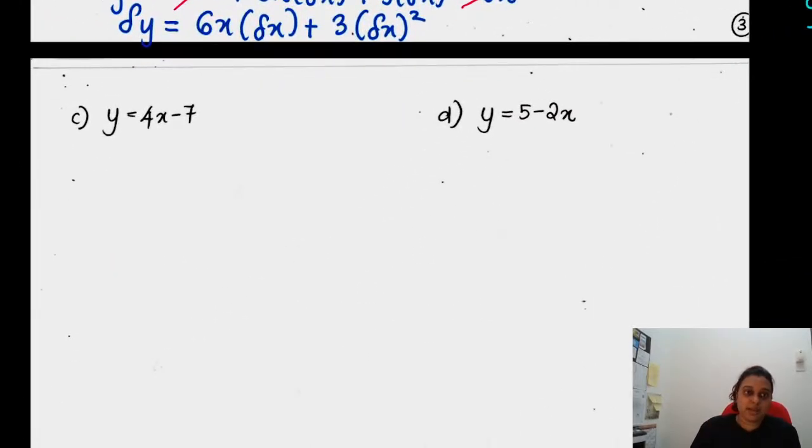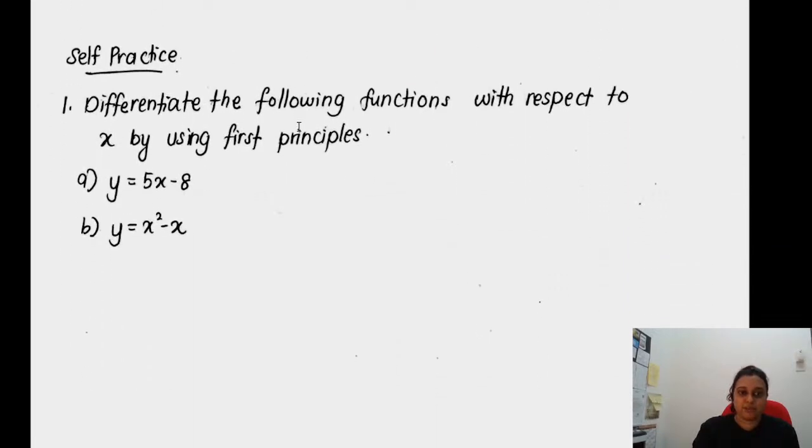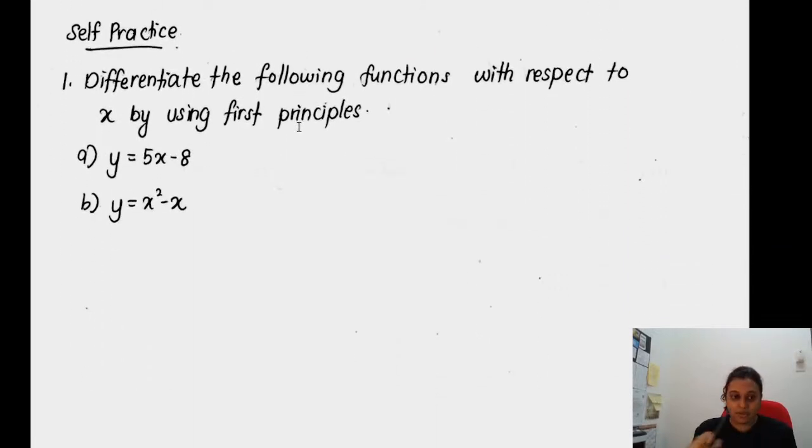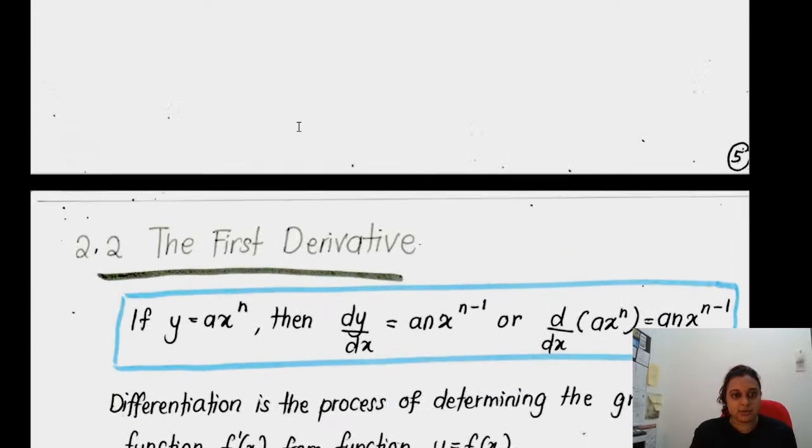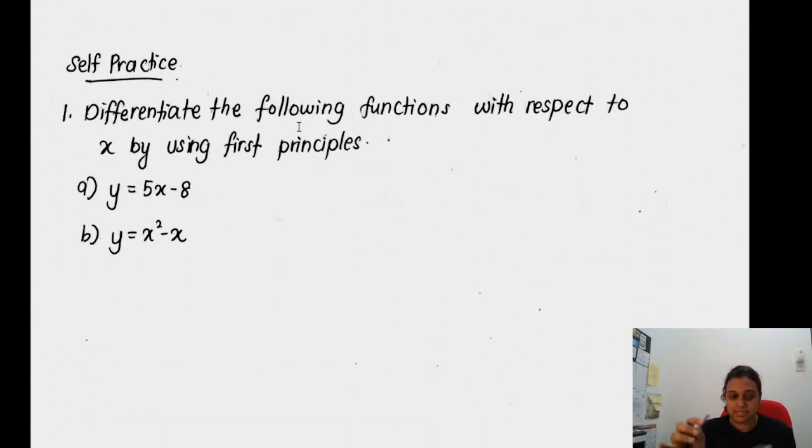For this one, your final answer, the dy dx, you will get equals to 4. For this one, your final answer, you will get -2. We also have self-practice, I think we have A, B, C, D. 4 questions, A, B, C, D. For this one, your dy dx will get 5.